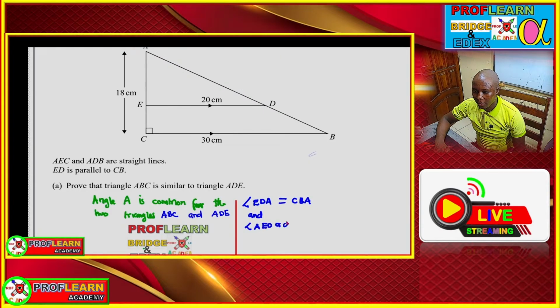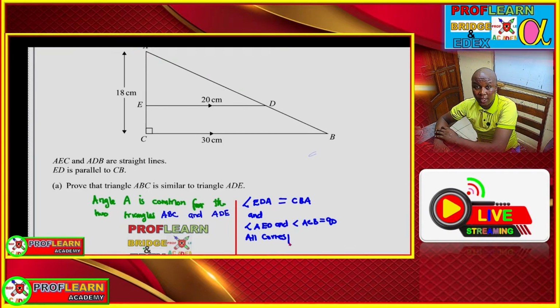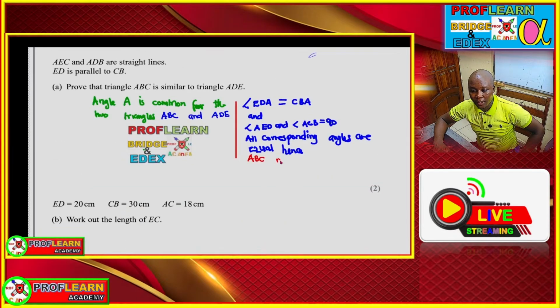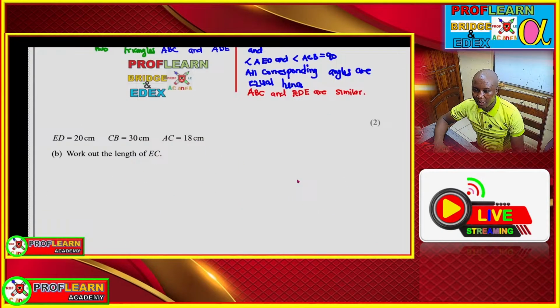Also angle AED is equal to angle ACB, which is 90 degrees. So we can see here corresponding angles are equal. Then we can conclude that the two triangles are similar due to the condition of corresponding angles being equal. That's basically what we are going to say in that particular part.